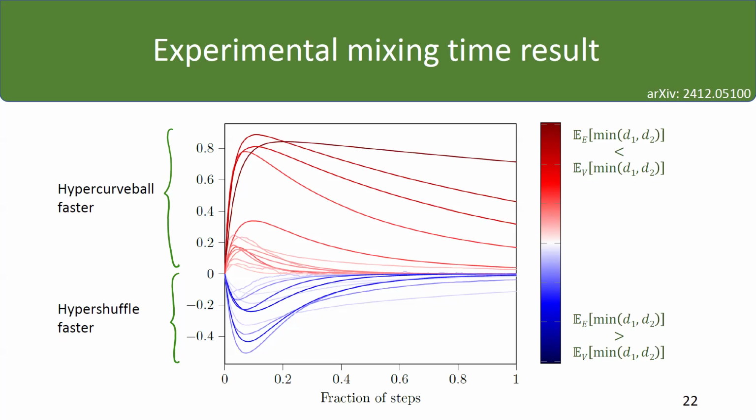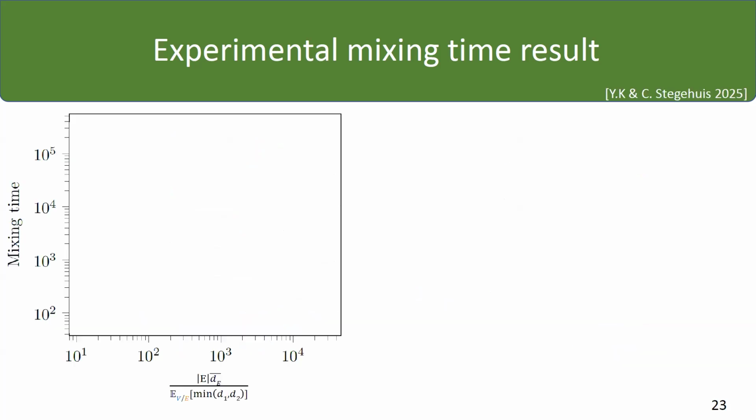Because now, if you have a system that you want to randomize, you only need to check this inequality to know which of the algorithms is faster for you to use. So that's very convenient. But still, you don't know how many steps exactly you need to perform. So for that, we did another plot where we have the mixing time on the y-axis and some function on the x-axis, which is also including this expectation that we saw before.